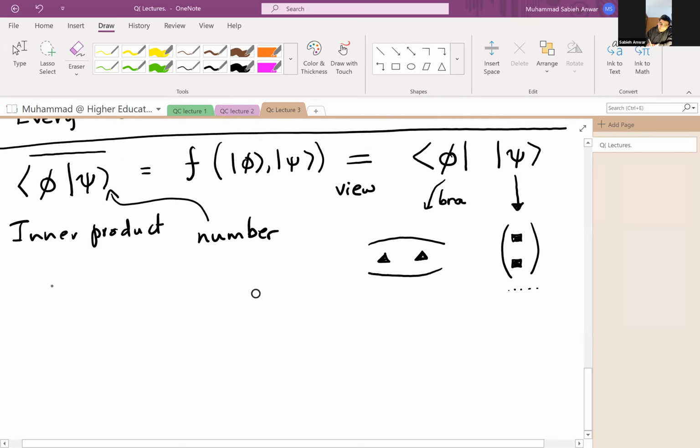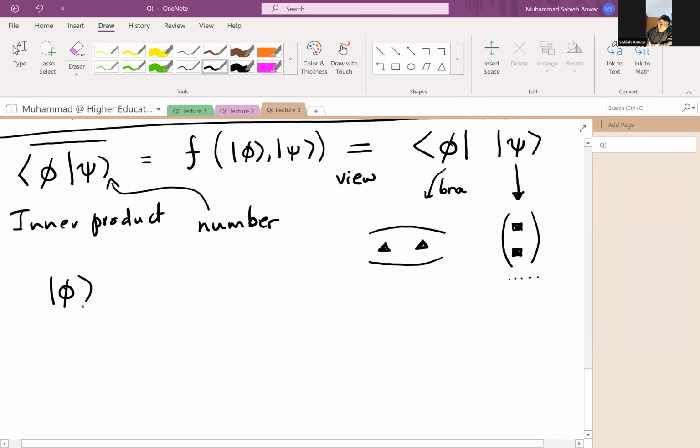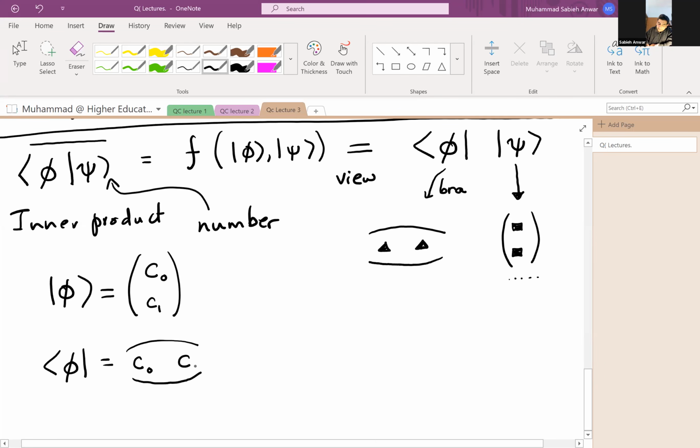For example, if ket phi were given by C0 and C1, then bra phi would have a row vector in place of the column vector, and these entries will appear in the two positions of the row vector with the added transformation that we would need to take the complex conjugate of each of these scalar numbers.